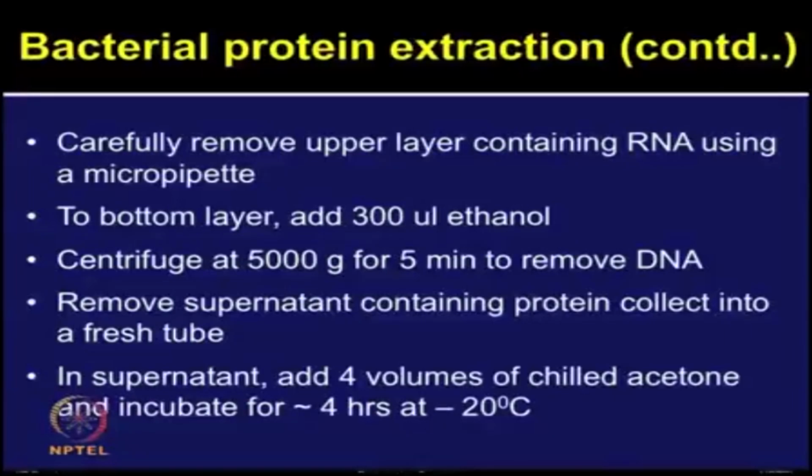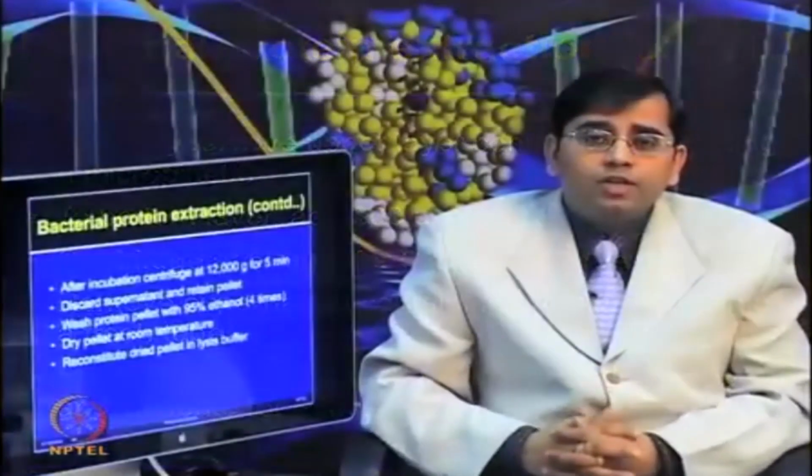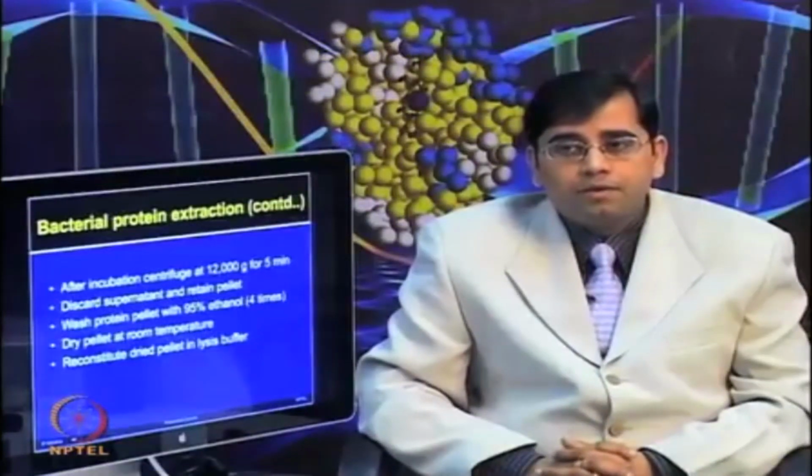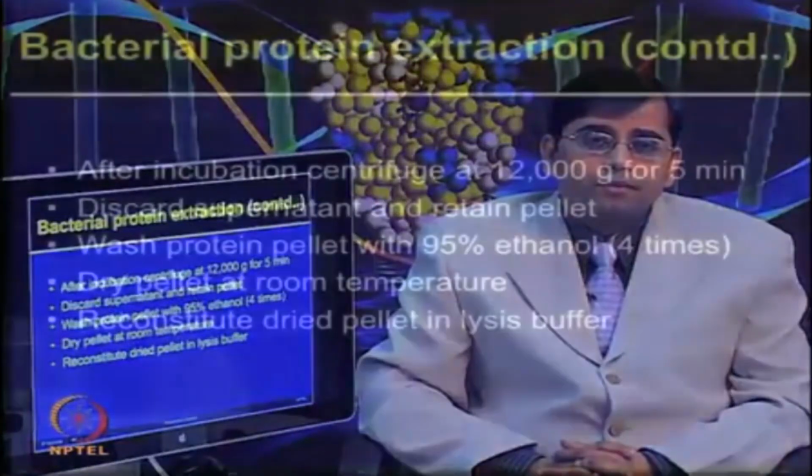Once you have removed the supernatant which contains the protein, you can collect that in a fresh tube, and to this supernatant you can add 4 volumes of chilled acetone. Incubate this mixture at minus 20 degrees for 4 to 6 hours. Once the incubation is done, start a centrifugation step for 5 minutes.